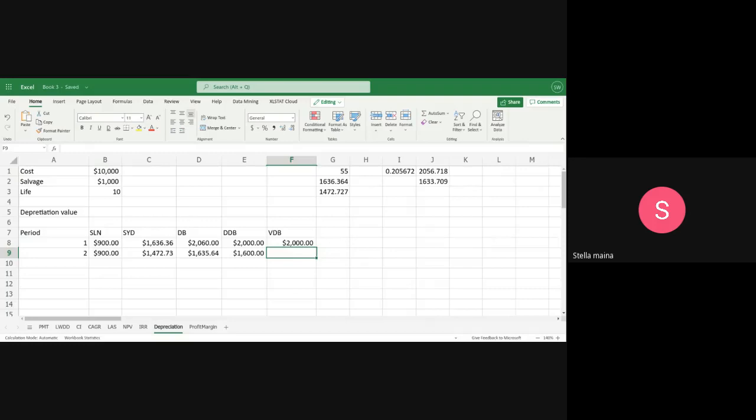The VDB performs the same as the DDB. It switches to straight line to make sure you reach the salvage value at the bottom. Roughly between the ninth period and the 10th period, it switches to the straight line calculation when the straight line depreciation value is higher than the DDB depreciation value.